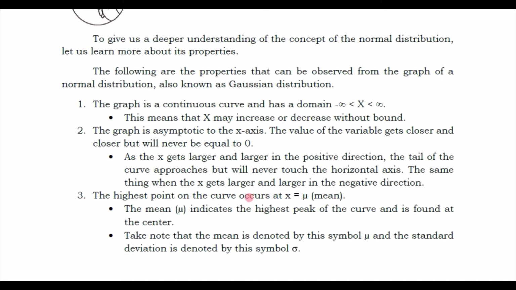So we have discussed three properties. First, the domain is from negative infinity to positive infinity. Second, the graph is asymptotic to the x-axis. It will never touch the horizontal axis. Third, the highest point of the curve is at the mean.